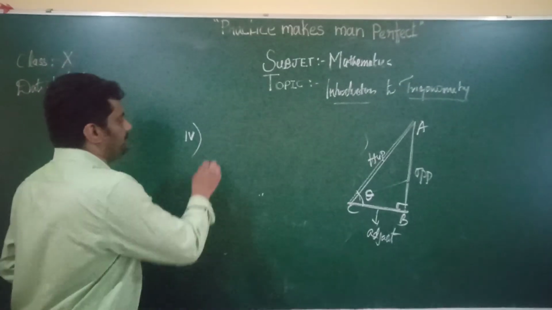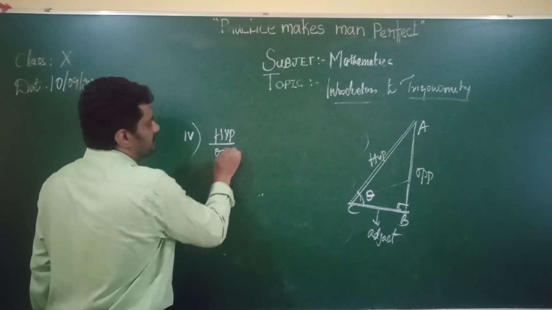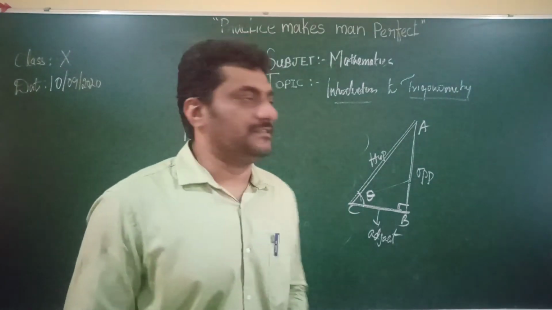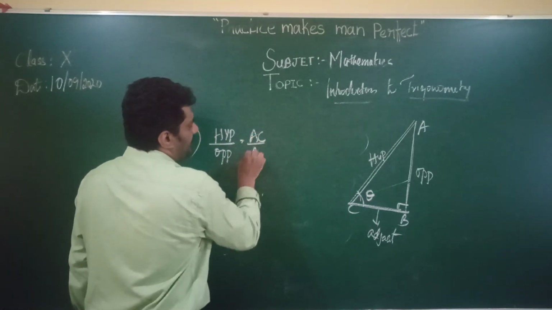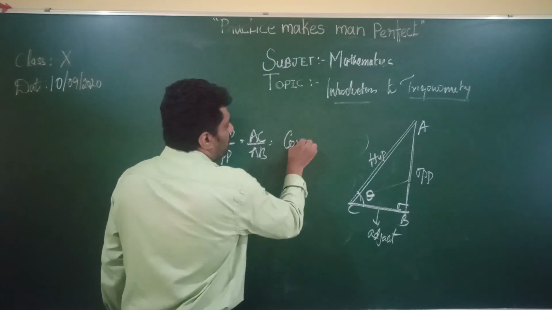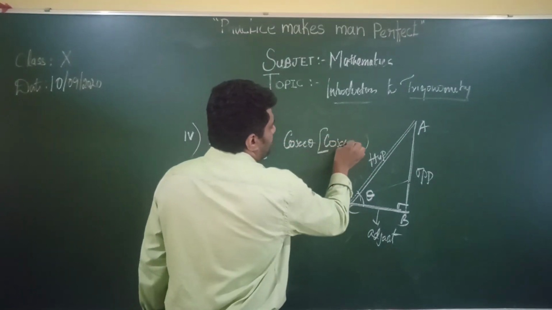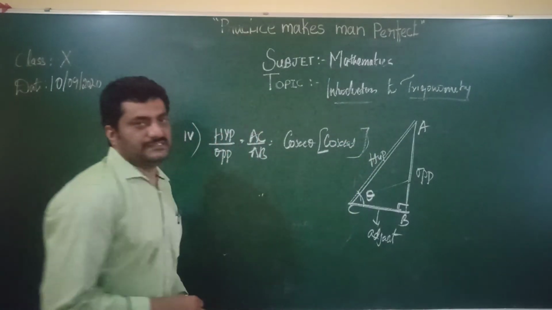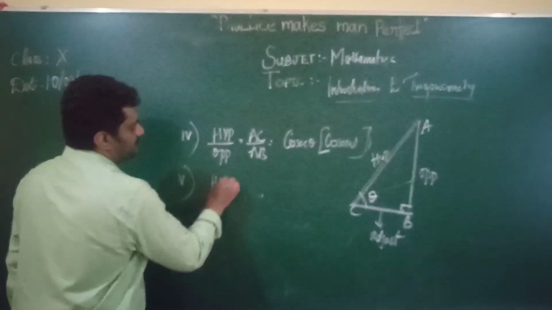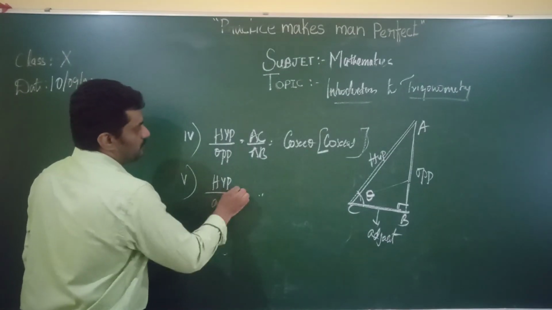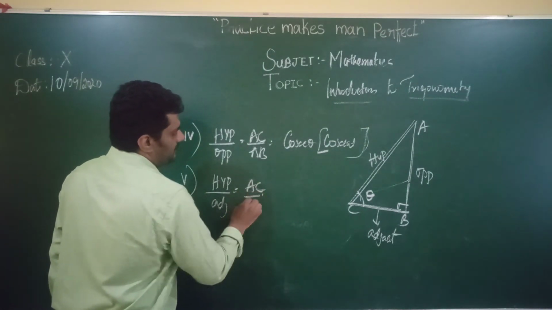The fourth one is hypotenuse divided by opposite, which is the reciprocal of sine theta, which is AC by AB, which is cosec theta. The full name is cosecant. The fifth one is hypotenuse by adjacent, which is AC by BC.